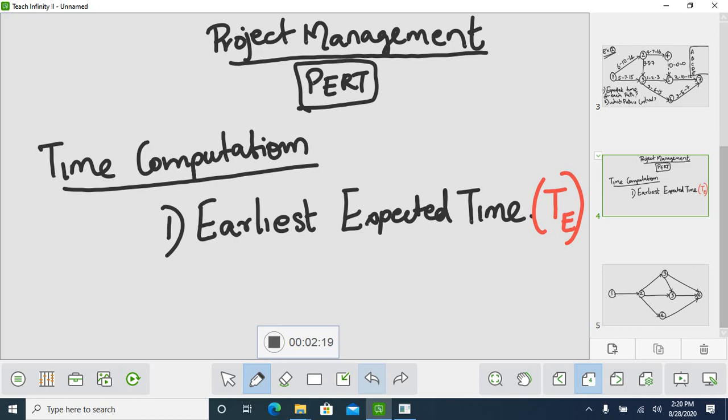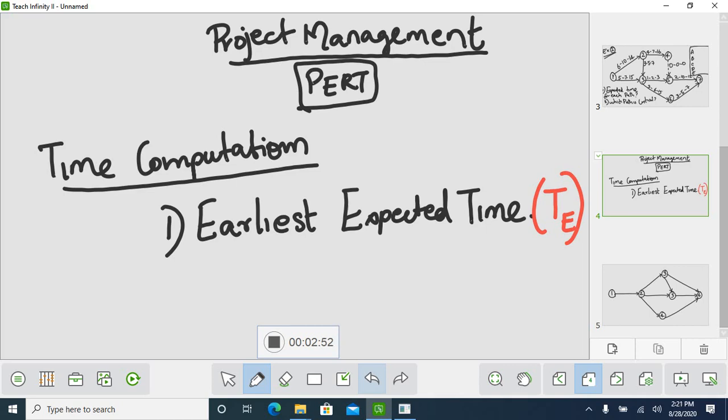So TE is computed by adding the expected time, small te, of all the activities along an activity path leading to that event. If more than one activity path leads to that event, then the maximum of the sum of expected time along the various paths will give the earliest expected time.